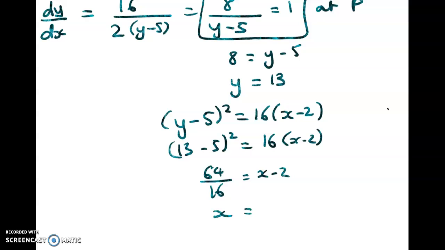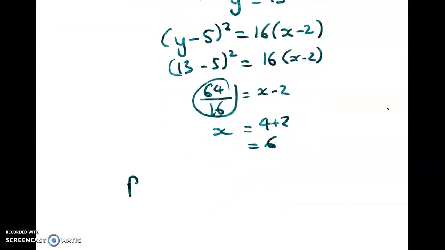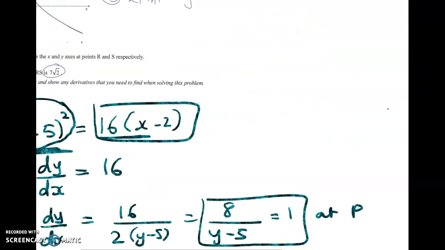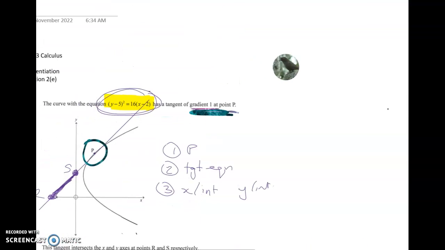So x is equal to 4 from here, plus 2, which is equal to 6. So point P has got the coordinates 6, 13, and at point P, the gradient of the tangent is 1. So let's just go back up and have a look and see if that makes sense. Yep, that looks about right. Okay, so there's the point 6, 13 there.